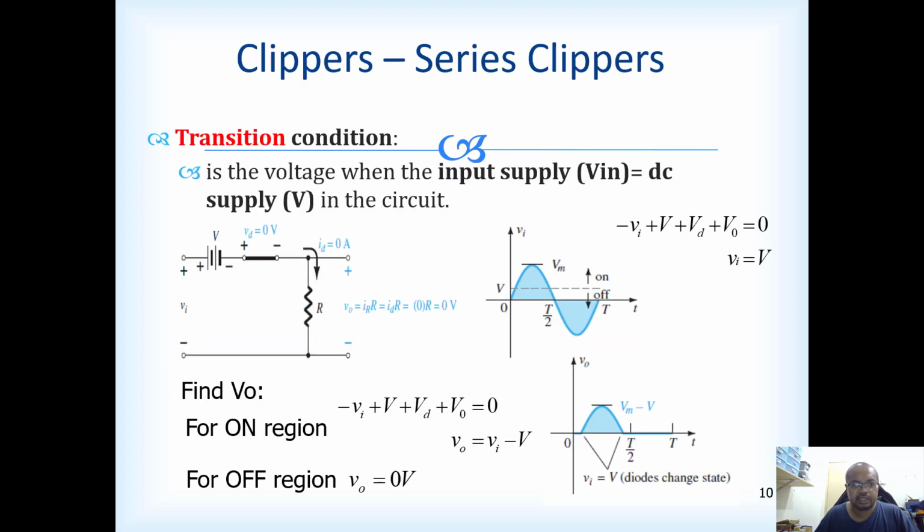Okay, let's look at this example. When we analyze this clipper, we need to know the transition condition. What does transition mean? It means the point where the diode starts to turn on or turn off.